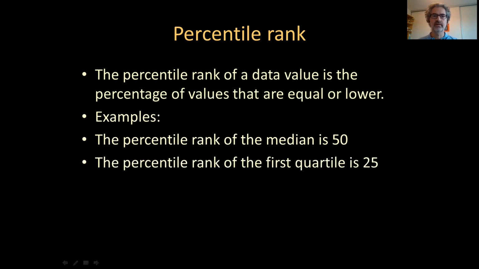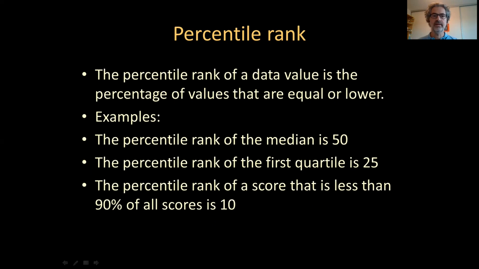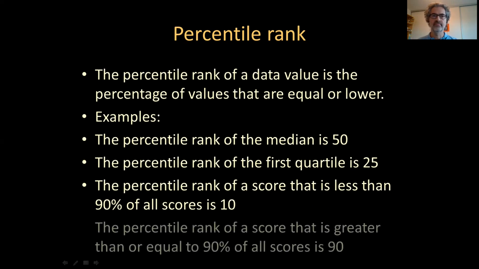The percentile rank of the first quartile, by definition, is 25. The percentile rank of a score that is less than 90% of all scores is 10, because if the score is less than 90% of all scores, it's greater than or equal to 10% of all scores. So it's 10. The percentile rank of a score that is greater than or equal to 90% of all scores is 90.